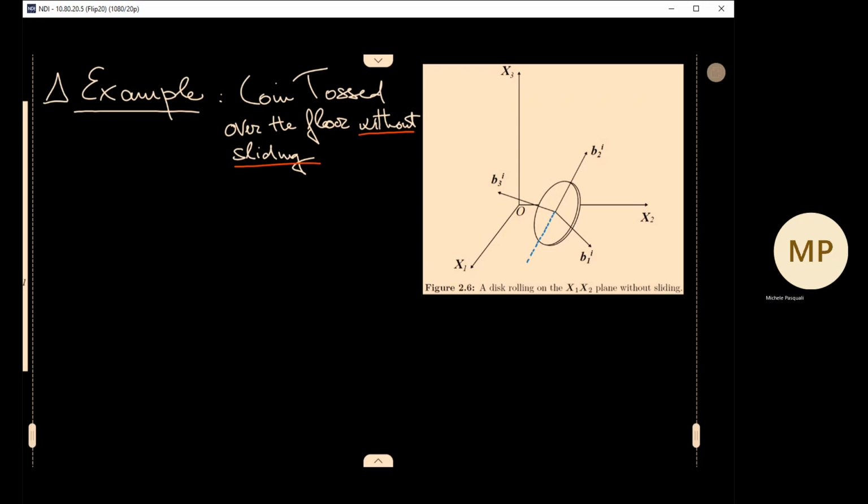Then there is the vector which defines the position of a point here, and this point is point P, which is exactly the point of contact between the coin, which you can assume to be a disk with zero thickness for the sake of simplicity, and the floor.